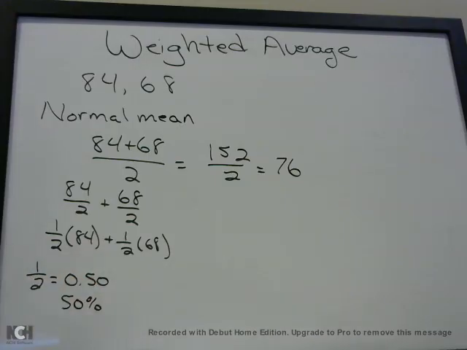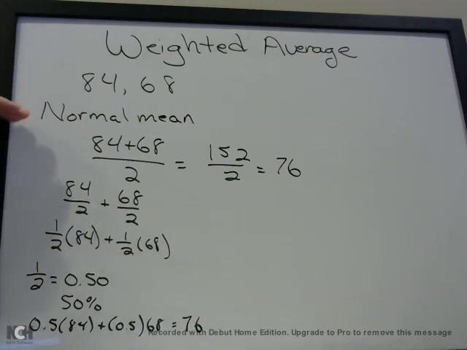Again, watch the video if you don't know that. But mathematically, we can write 0.5 times 84 plus 0.5 times 68. And if you plug that into your calculator, you're going to get 76.